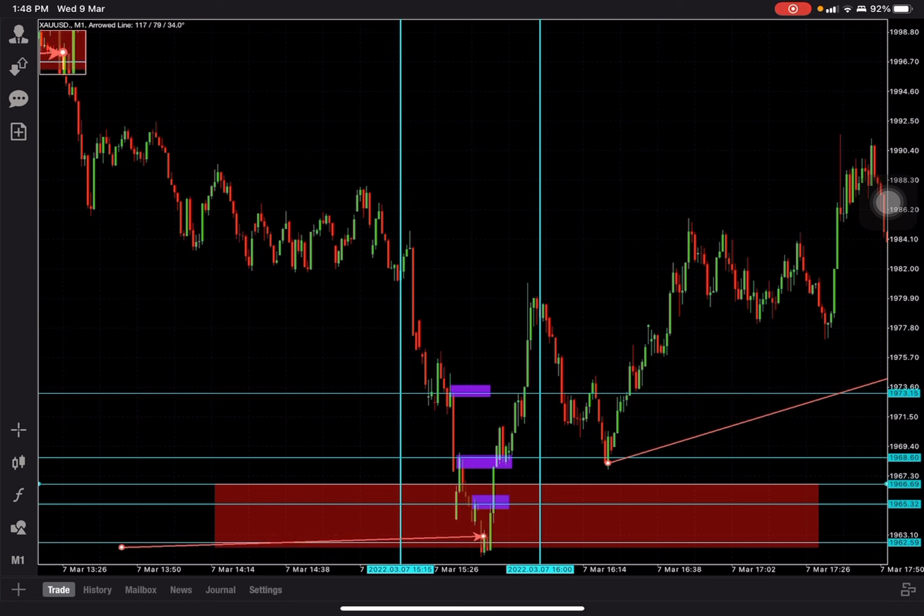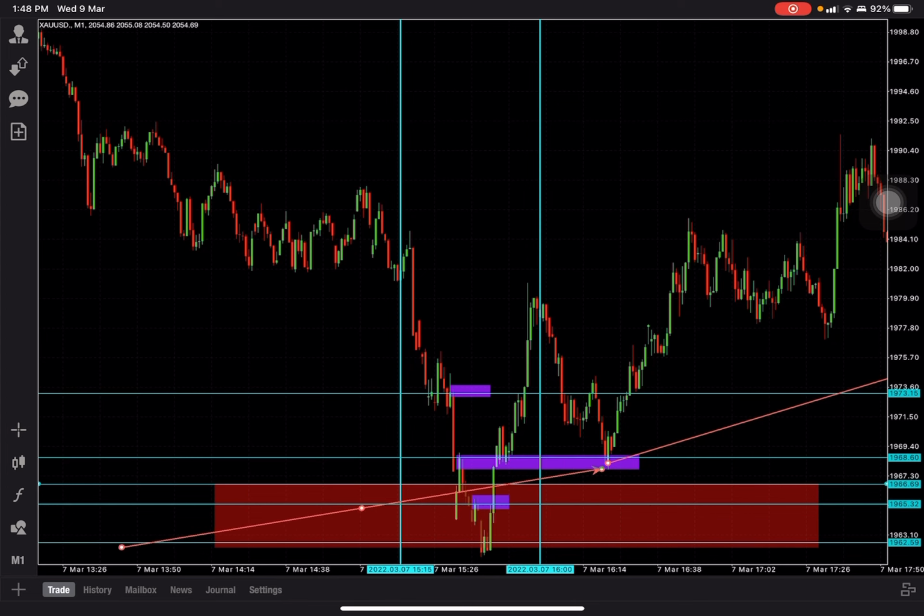And like I told you before, if it wants to go down, it should go down from here. But what happened is price broke all the places that we have marked as resistance and we take back the resistance zone as our buying zone.